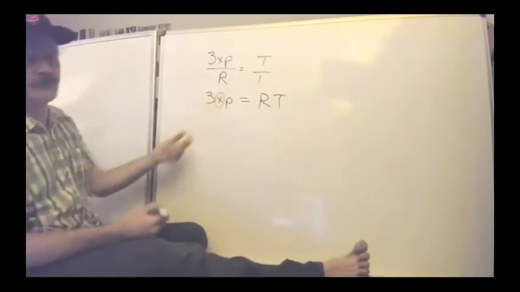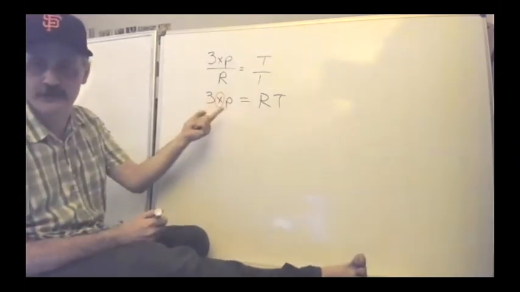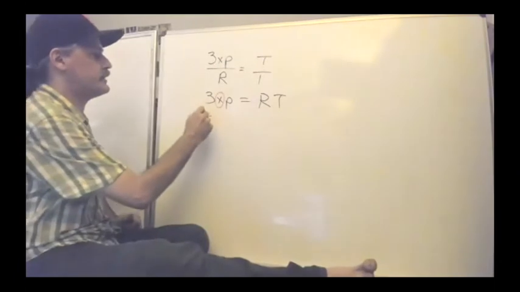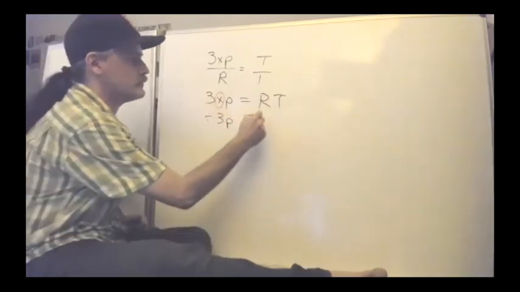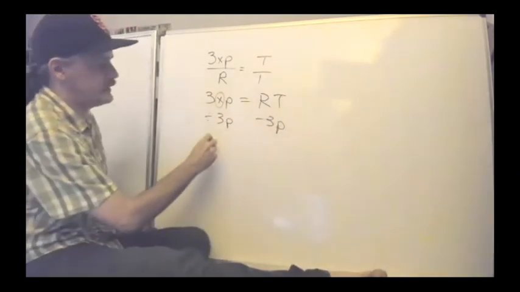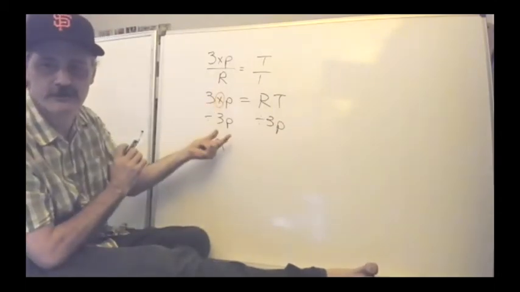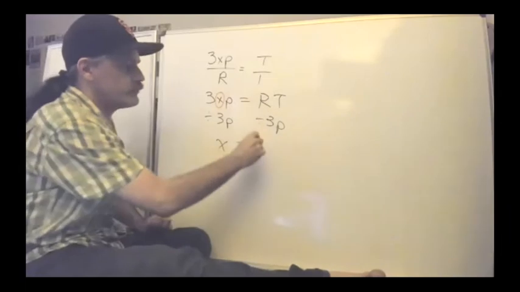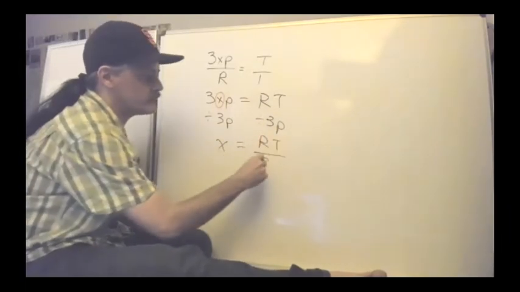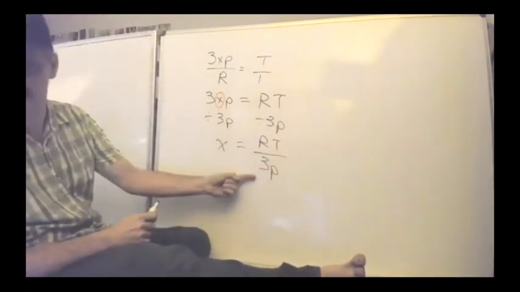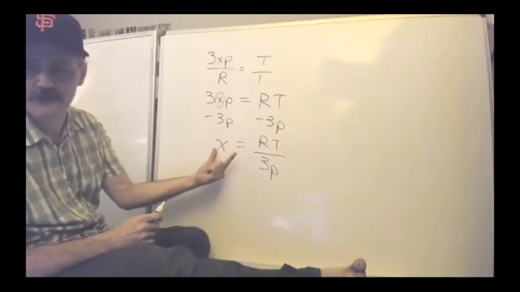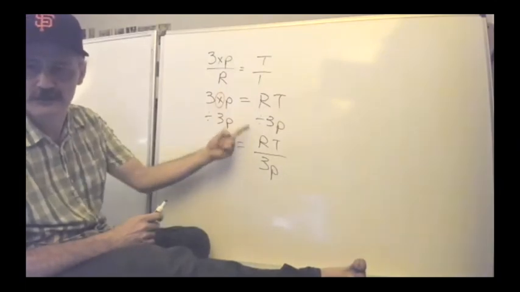So we're going to reverse the multiplication of 3 and p to the x by dividing by 3p. So the x is now left by itself because 3p divided by 3p is 1. And whatever we divide by is on the bottom. And so that's it. We have now solved for x. So x equals some stuff.